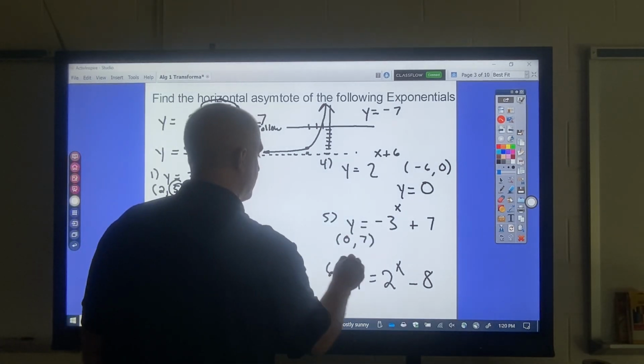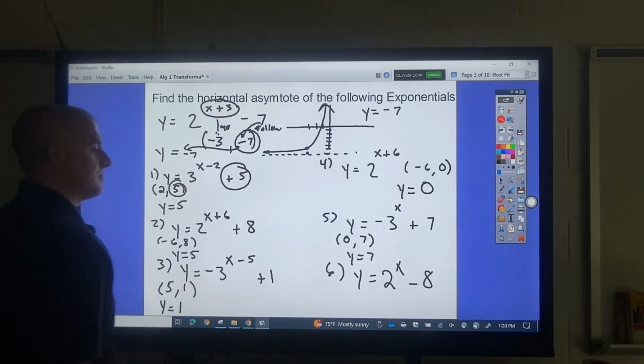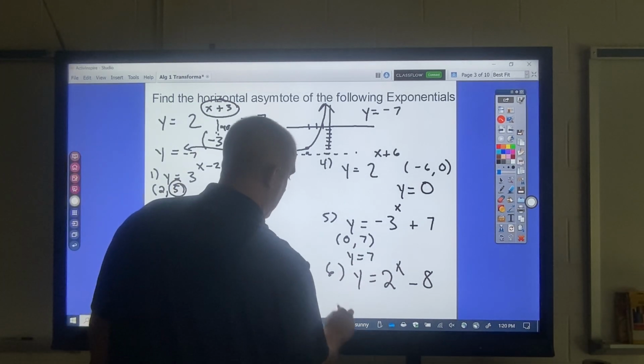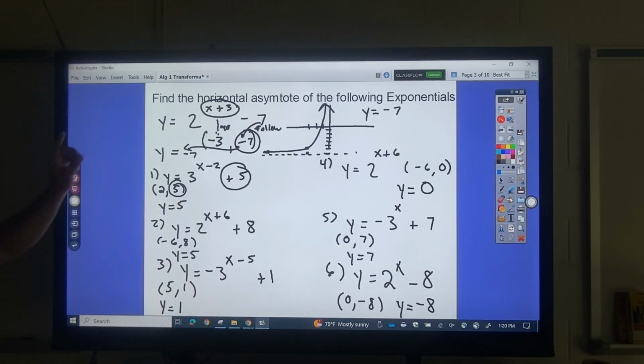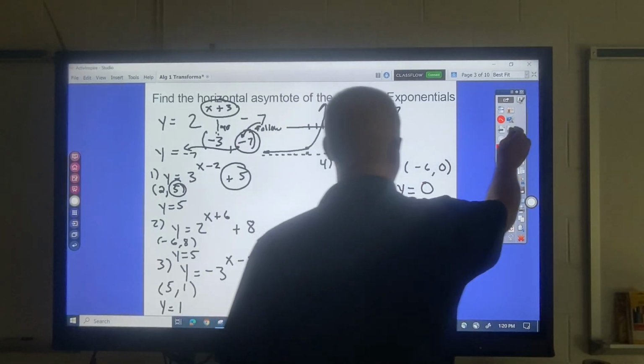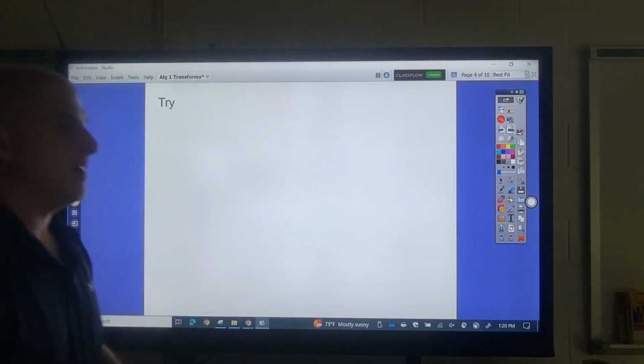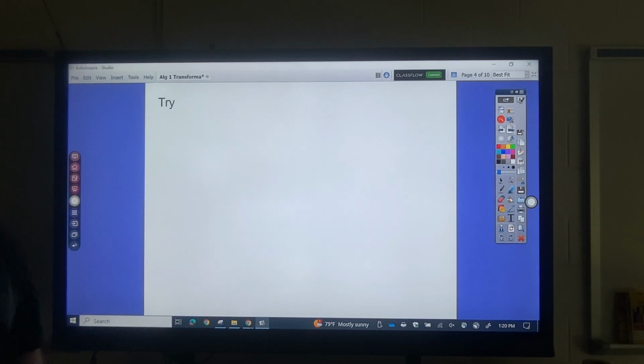This would be 7, so y equals 7. Once again, there's nothing up there, so that's 0, and that's -8, so it's y equals -8. So what you need to do is figure out both points. Both points will help you understand the graphs. Go ahead and try to find some of the horizontal asymptotes.